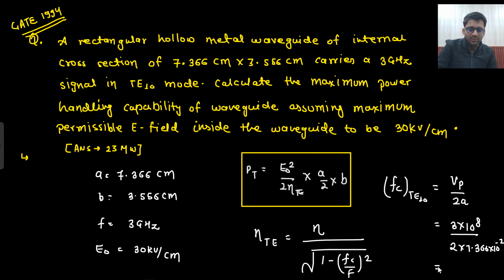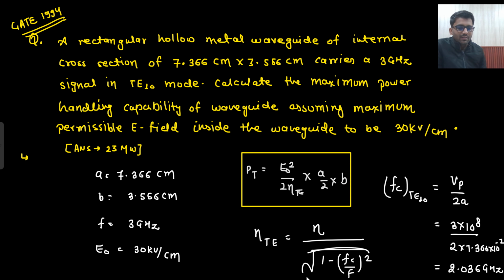So I will do the calculation. 3 by 2 divided by 7.366. So you are getting 2.036 gigahertz. This is the value of FC you are getting.